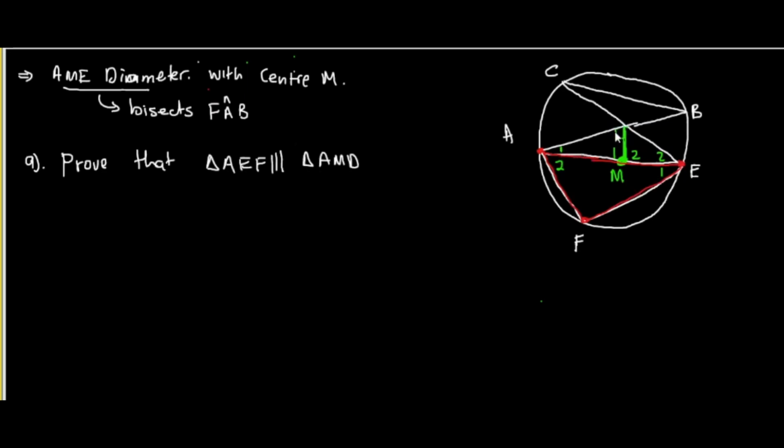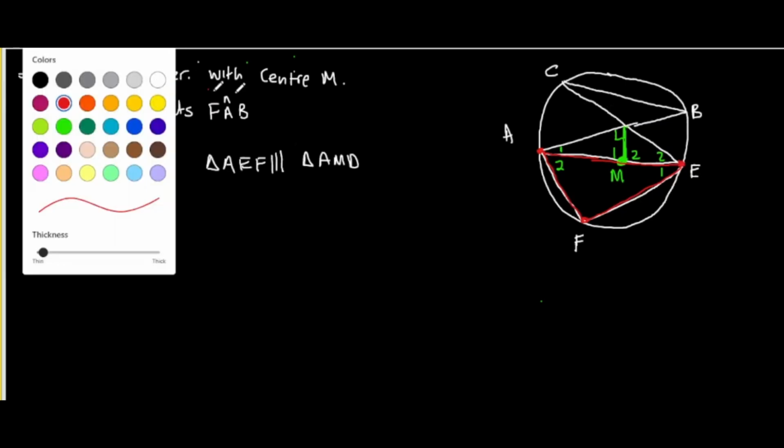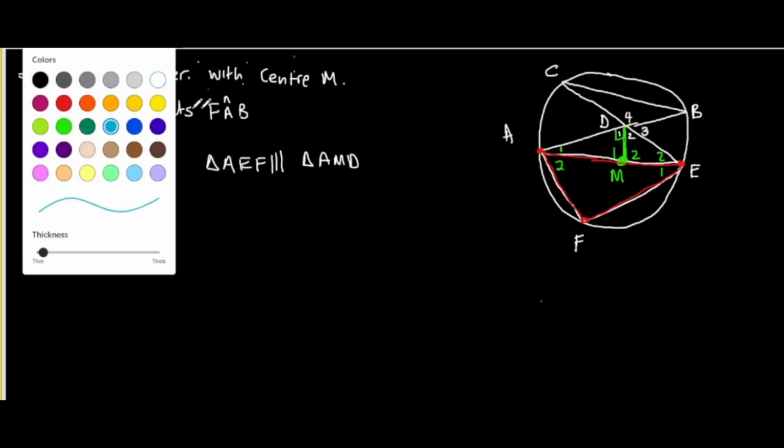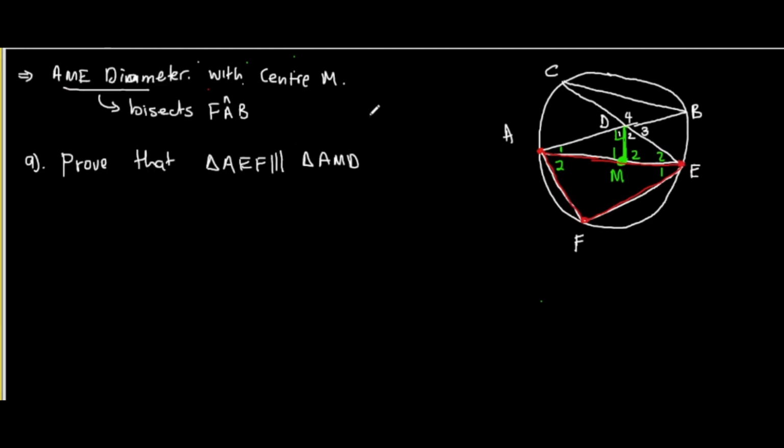So I forgot to mention that this here is D. You see this one here, this is your D. And then this will be D1, 2, 3, and 4. Okay, so now we need to draw another triangle, which is what? Another triangle which will be AMD.